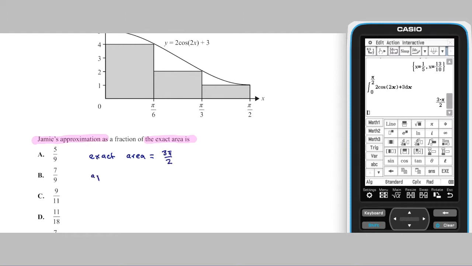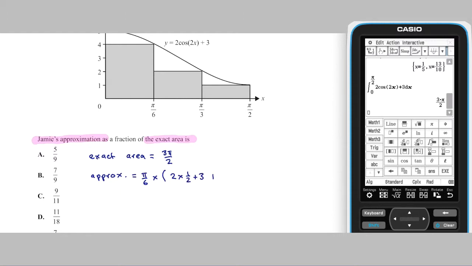Jamie's approximation can be found by summing the areas of the three shaded rectangles. These areas will be pi on 6, the width, multiplied by the heights of each rectangle. The first rectangle has height of 2 multiplied by the cosine of pi on 3, which is equal to a half plus 3.